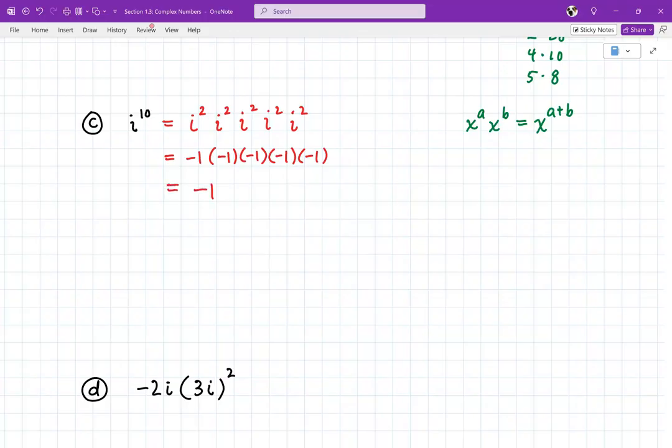It's negative 1, because negative 1 times negative 1 is a positive 1. Positive 1 times a negative 1 is negative 1. Negative 1 times a negative 1 is a positive 1. Positive 1 times a negative 1 is negative 1. Or get your calculator and punch it in. But there you go. i to the 10th is negative 1.